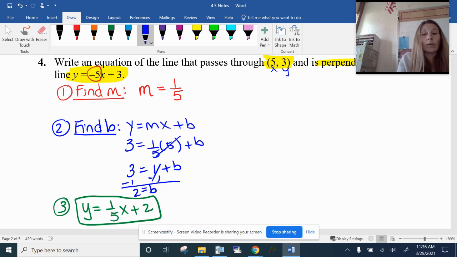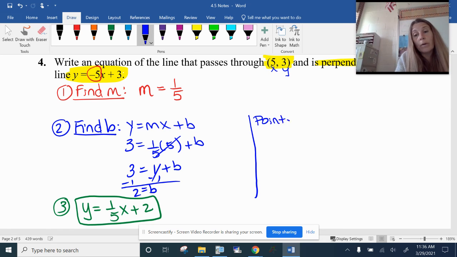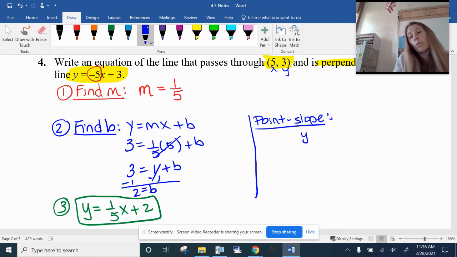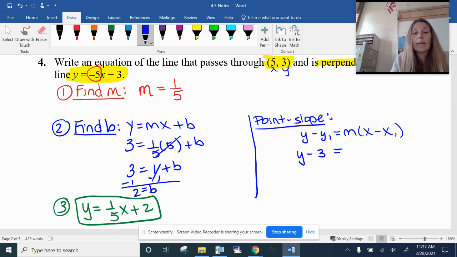Of course, that's not the only option. If you would rather do point-slope, that's y minus y1 equals m times x minus x1. Then I would have y minus 3 equals 1/5 times x minus 5.